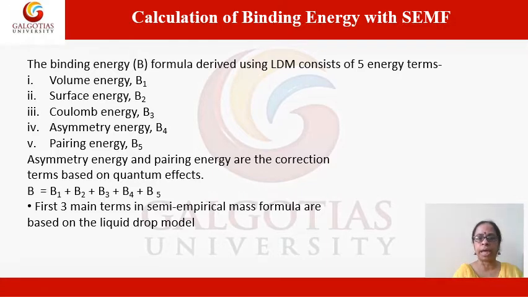Asymmetry energy and pairing energy are the correction terms based on quantum effects. So total binding energy will be the summation of all these 5 energy terms. The first 3 main terms in semi-empirical mass formula are based on liquid drop model.